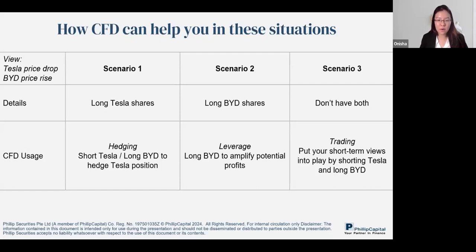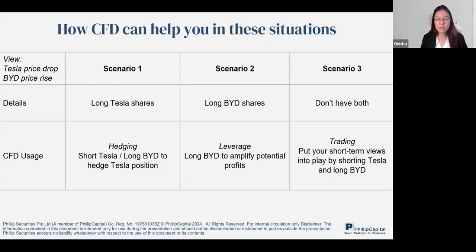The second scenario is where you are long BYD shares. So let's say you already own BYD shares, you can opt for leverage where you can long BYD CFD to amplify your potential profits. The third scenario is where you do not have either Tesla or BYD. If you have neither, you can opt for trading based on a short-term view, where you may think that the Tesla price will drop while the BYD price will rise.